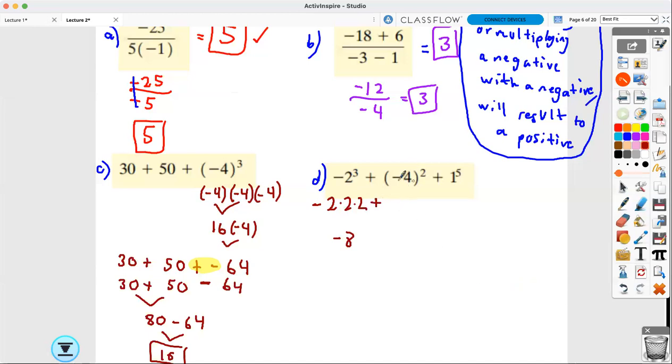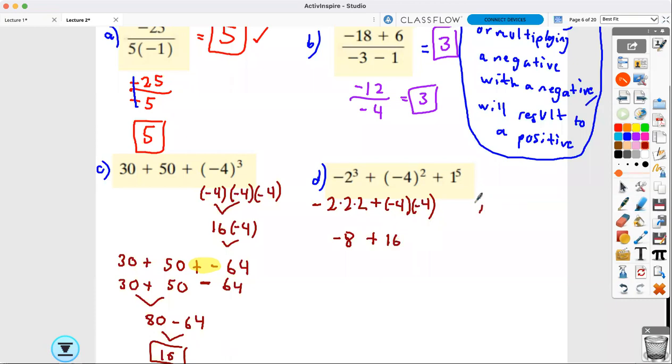Now let's look at the second exponent. So it's plus. How is that going to be expanded, guys? Two -4s. That is correct. So look at the two -4s. -4 times -4. Two negatives make a what? Positive.